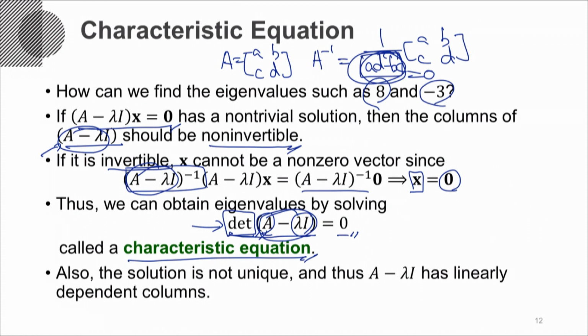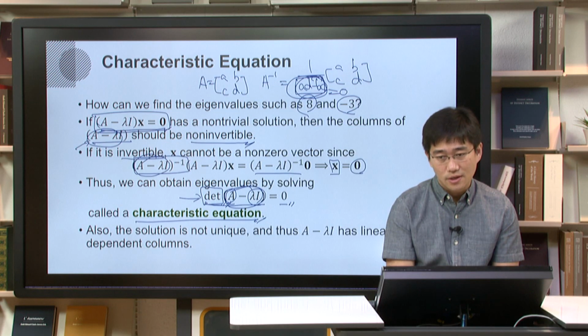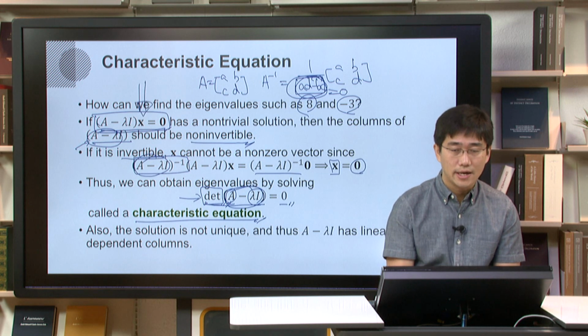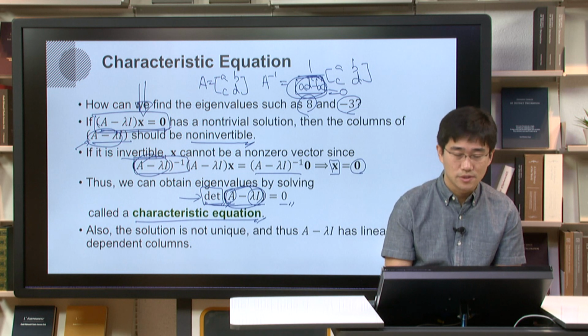Also, A minus lambda I times x equals 0 has multiple possible solutions. By default, we have the 0 solution, and if we have other non-zero solutions, our eigenvectors, then it means this equation has multiple possible solutions.